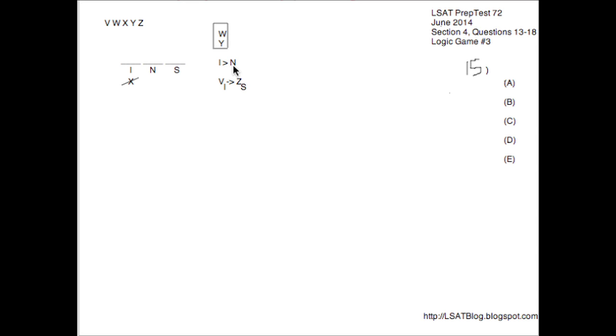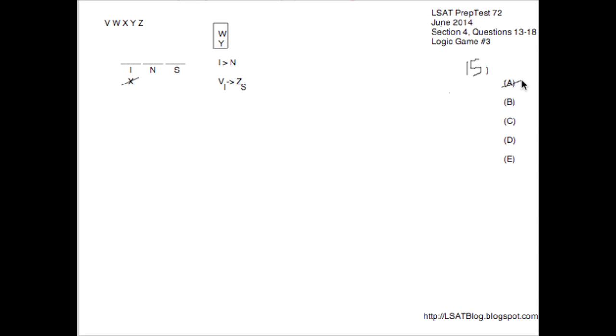We've got A, V and X both on Norway. If V and X were both on Norway, let's put that down and see what would happen. If we had V and X on Norway, then we'd have to have W, Y, and Z on Iceland. That works out perfectly fine, not really any issues there, so A is okay.